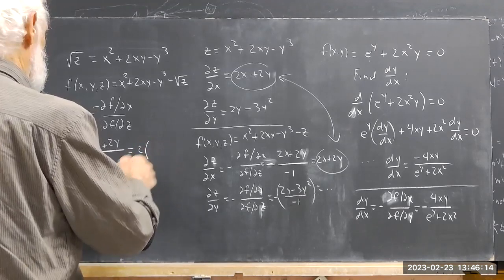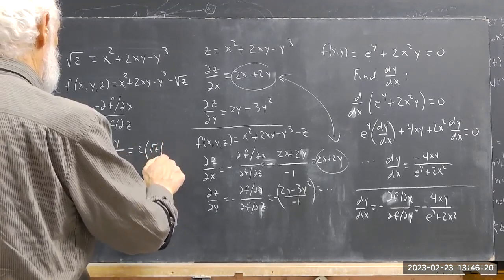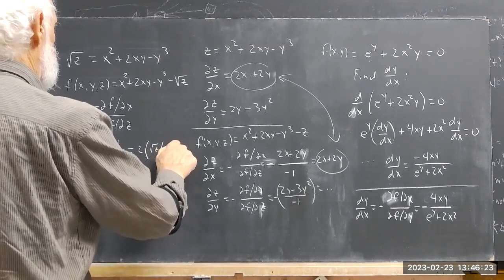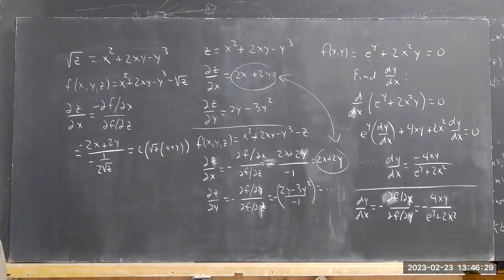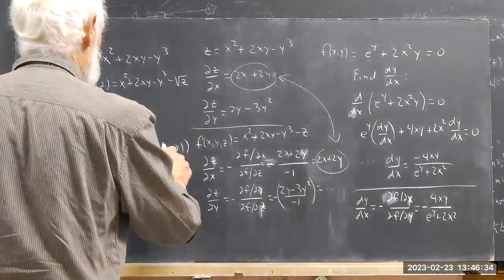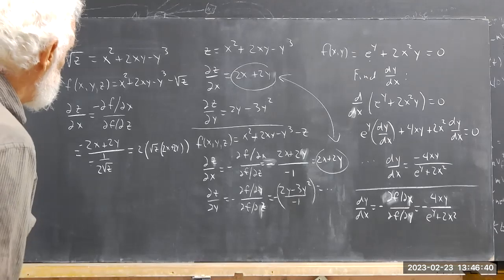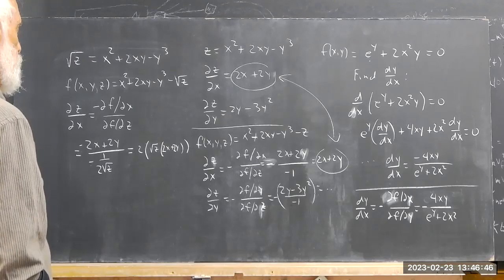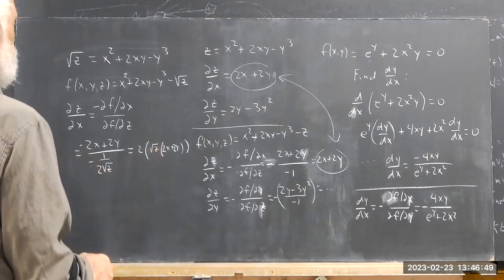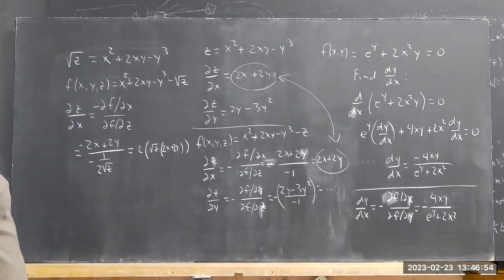Just simplify it in my head here. Did that right. Okay. And I did because we're going to have a 2x plus 2y there. Of course, the square root of z. We solve this for z. And we can get it.